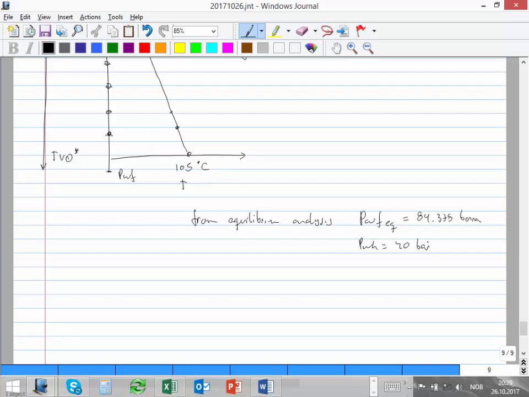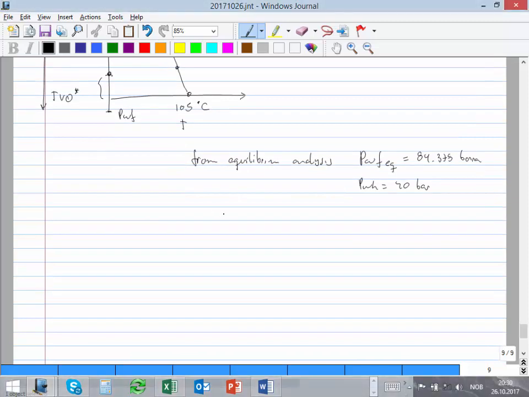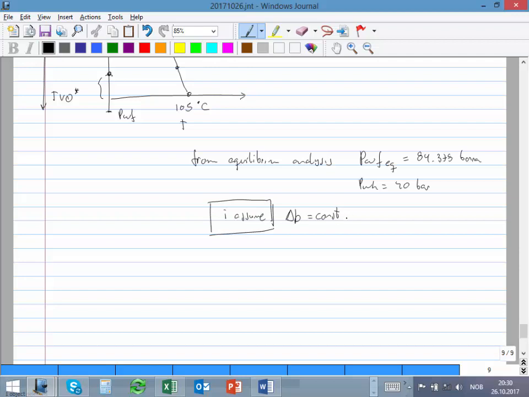So I'm going to assume I lose the same amount of pressure in every interval, which means delta P is constant for every section. That's an assumption, and I have to verify it later.